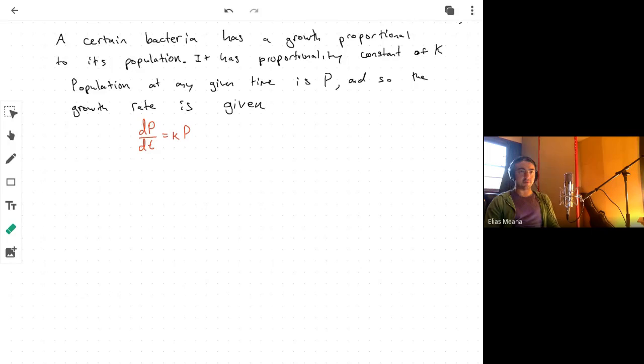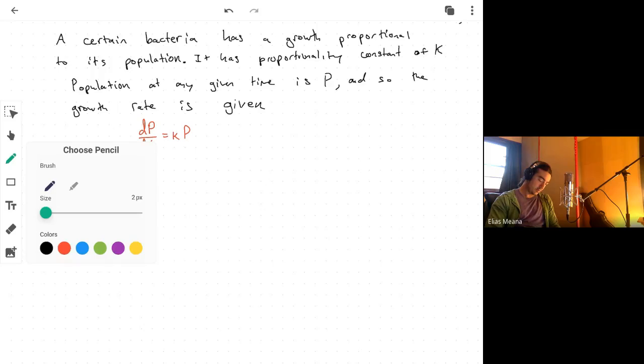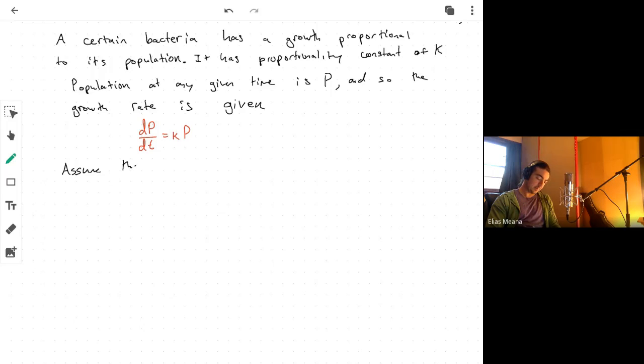And we can also say, assume that at time 0, we have a population of P0. So P of 0 equals some constant, P0. This is just some constant, the initial population.